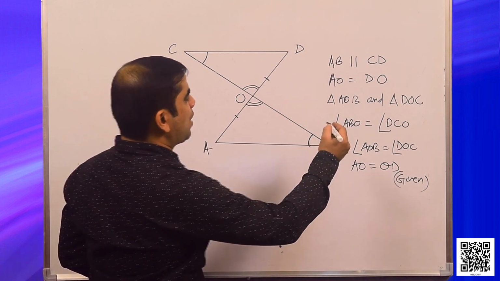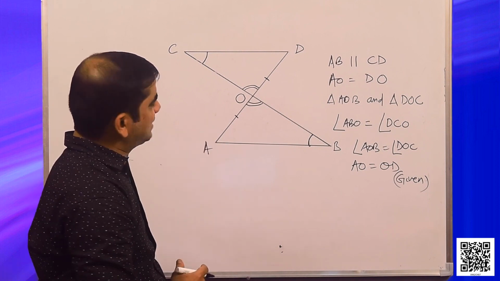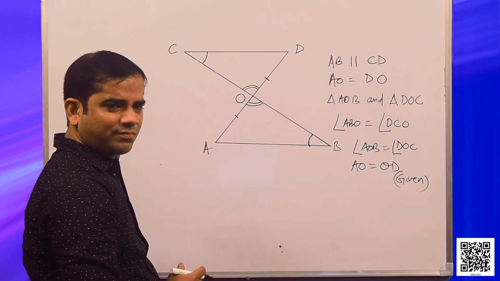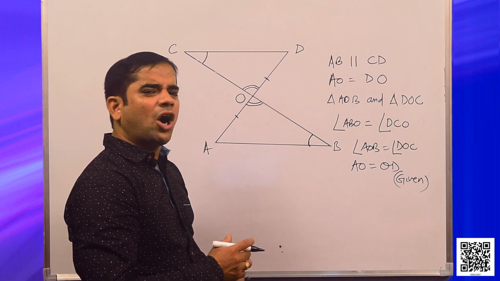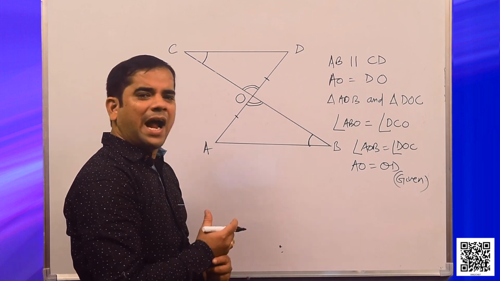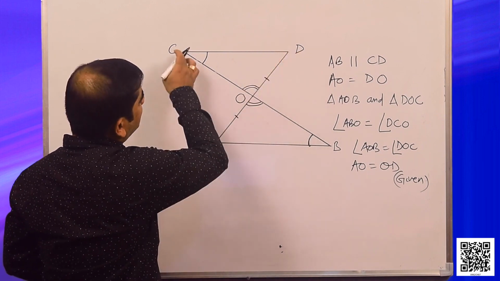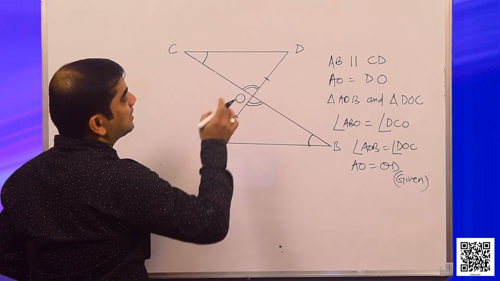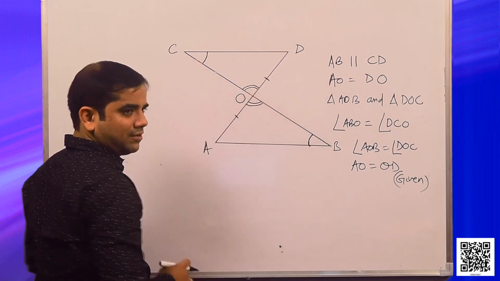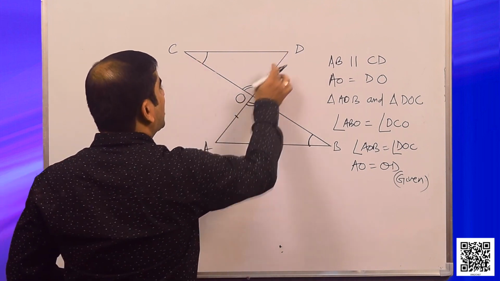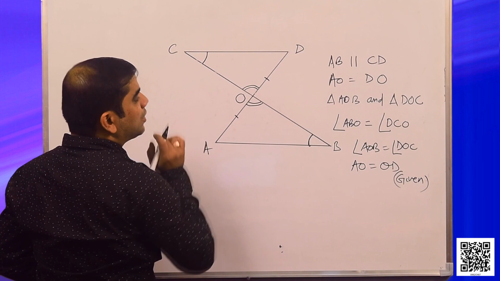So, we have two angles and a side. Let us see whether this side is an included side or a corresponding side to the other two angles. You can clearly see that OD is one of the arms of angle COD, but it is not the included side for angles DCO and DOC. So, it is a corresponding side to angles DCO and DOC.